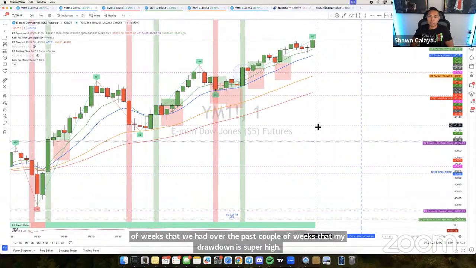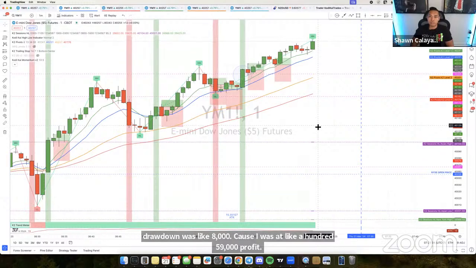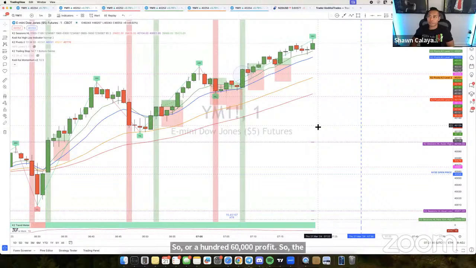Typically your drawdown will be capped at 5,000. My drawdown was at 8,000 because I was at like 159,000 or 160,000 in profit. So the drawdown was another 4,000 on top of the five that was already there. Yeah, so it's cool.